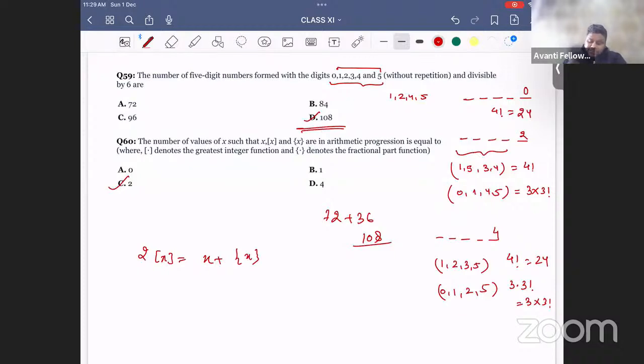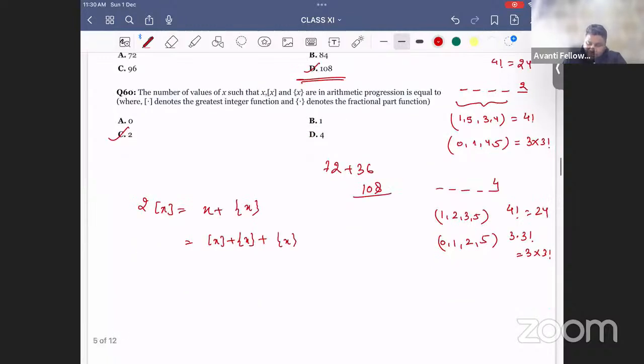If I replace x as [x] plus {x}, then you get [x] is 2 times {x}. So that means {x} is [x] upon 2.